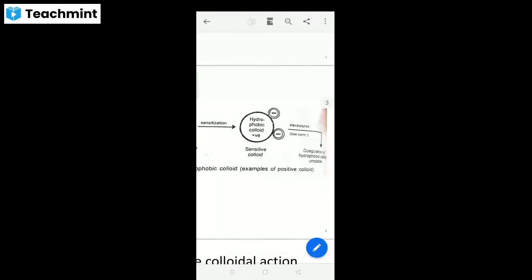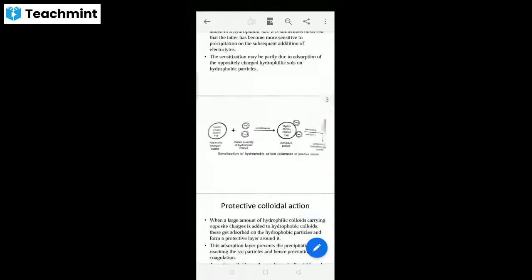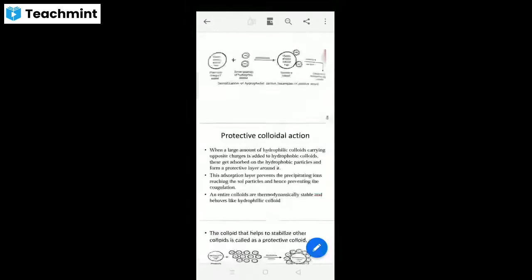Electrolyte in this case will always be problematic, but somehow we can make our hydrophobic colloidal particle stable. So sensitization of hydrophobic colloid is given over here.